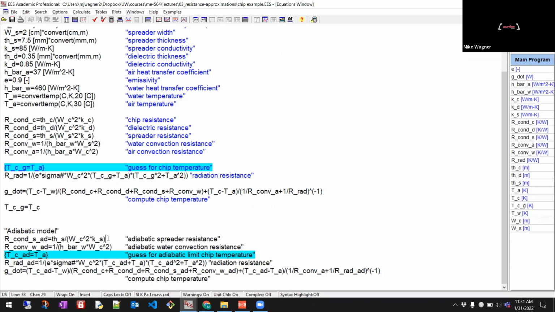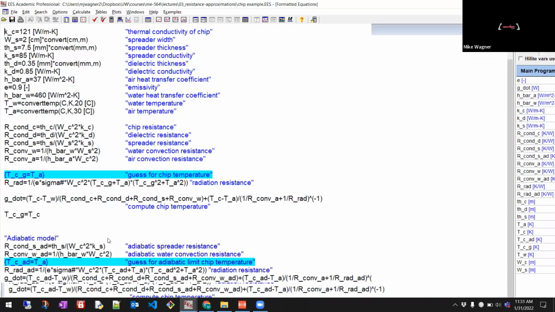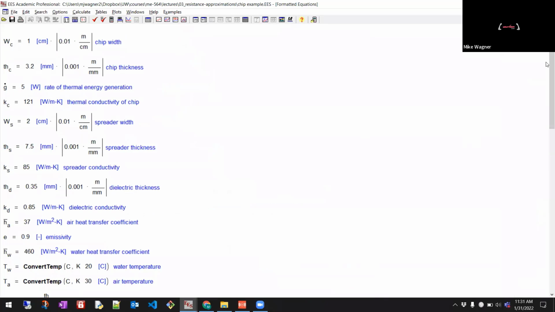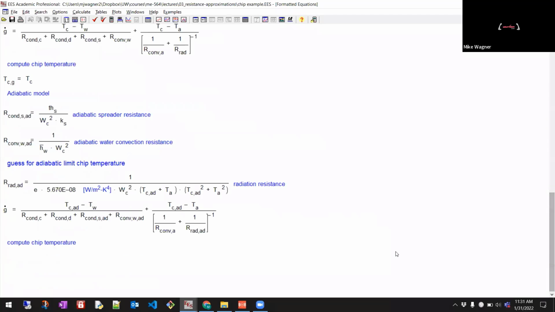By the way, this is an aside again, but if you hit, I think, F10 in here, you can actually have the formatted equations window, and sometimes it's easier to look at stuff. It's kind of hard to look at equations that aren't formatted sometimes, so this can be a nice way of writing. And I think you can actually copy, so I know I use LaTeX to write stuff quite a bit. You can copy this stuff as LaTeX.